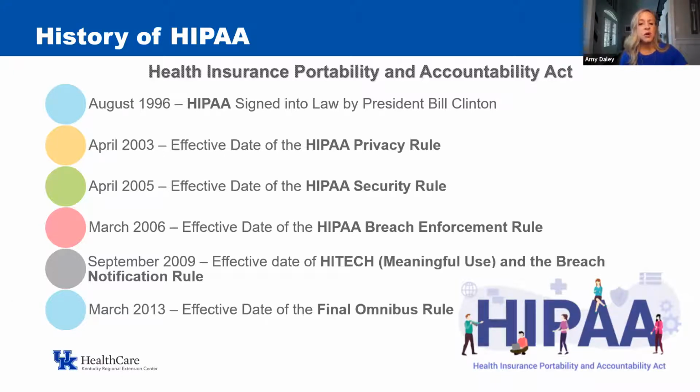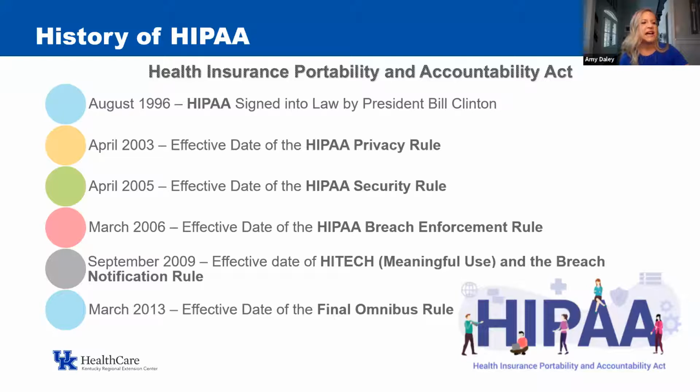The next rule that came out in 2006 was the HIPAA breach enforcement rule. This was necessary because of the failure of many covered entities to fully comply with HIPAA privacy and HIPAA security. That's why the enforcement rule was introduced.